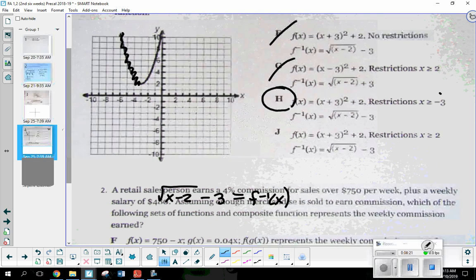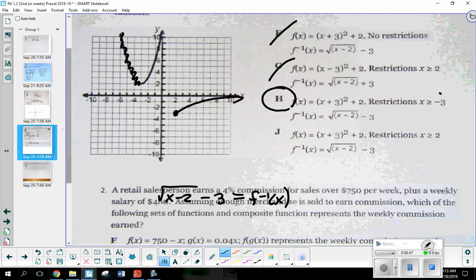We could either use the transformations here, or we could do this. What's the main idea behind inverses? What do you do with the x's and the y's? You switch them, right? So if this vertex was at -3, 2, then what's that inverted point look like? 2, -3. There you go. And you notice we have a positive square root here, so it's probably going to look like that.